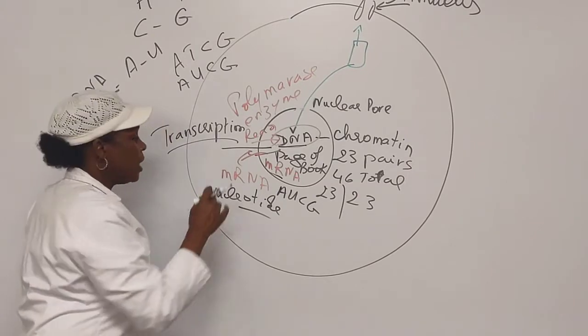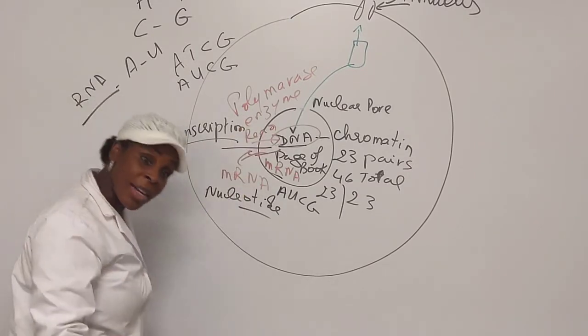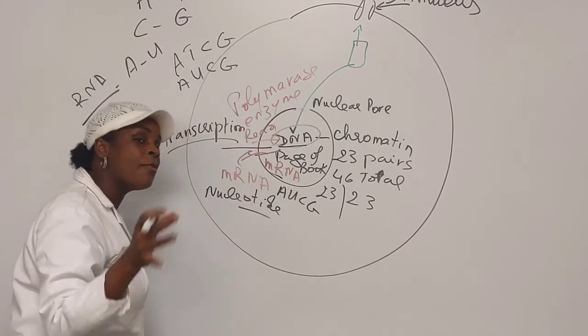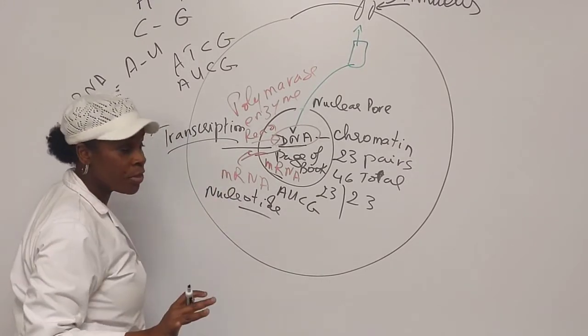That's why the DNA and RNA are corresponding, the same message, just a different type of nucleotide between the T and the U.